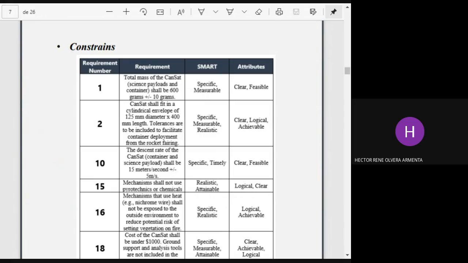Because we are forced to create a system with specific measures, and this kind of requirement is clear and feasible. It could also be achievable because we have to be within those standards if we want to participate in this competition.